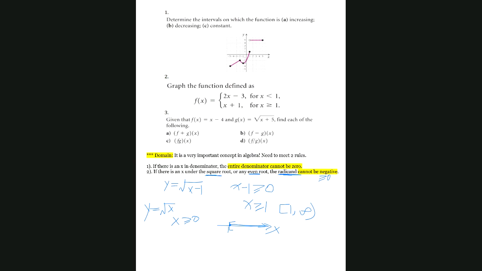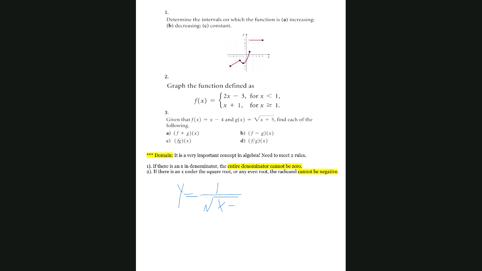So domain is actually pretty straightforward. Some people ask, what if I put this square root in the denominator? Well, then I have to satisfy both conditions. The first condition is that the denominator cannot be 0.